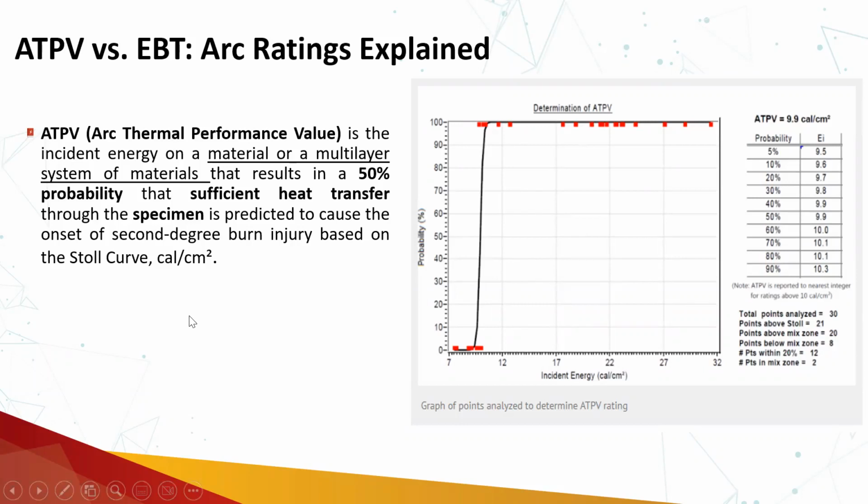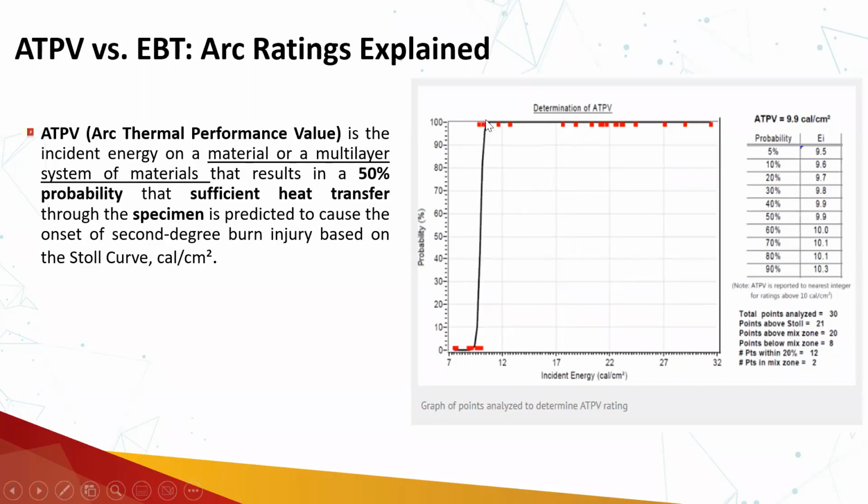In the ATPV concept, the specimen is tested against different levels of incident energy. The same specimen is first tested for, let's suppose, 1.2 cals per centimeter square. It is determined that no heat is transferred. Then the incident energy is increased from 1.2 to 2, 4, 5, 6 calories per centimeter square.